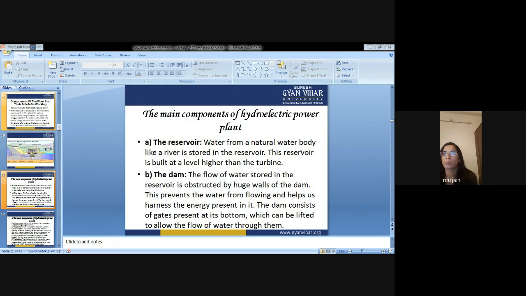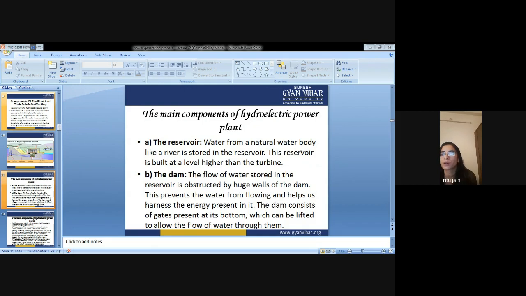The main components of a hydroelectric power plant start with the reservoir. Water from a natural water body like a river is stored in the reservoir. This reservoir is built at a level higher than the turbine. Next, the dam. The flow of water stored in the reservoir is obstructed by the huge walls of the dam.